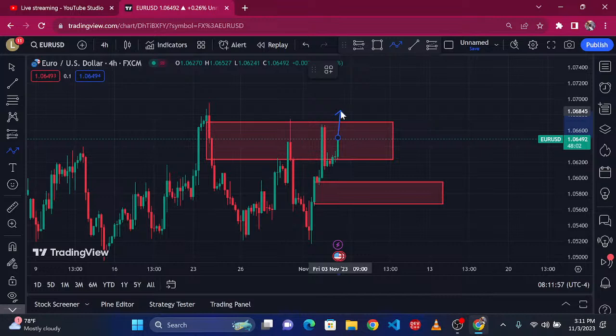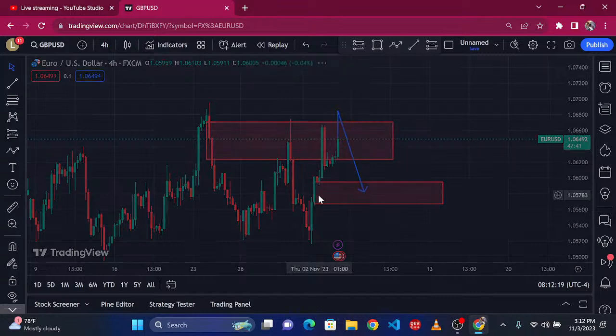Then it turns down real quick into this fair value gap. So I'm hoping it has to go in between that fair value gap. This fair value gap is demanding it to come back into that place. Hope I'm clear about that.